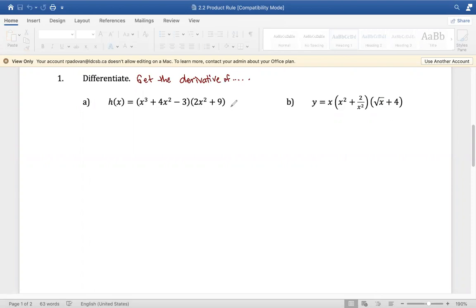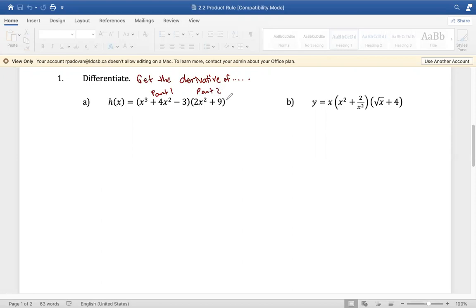But I need my two parts. Remember, if I don't have two parts, I can't do the question. So I have h of x equaling x cubed plus 4x squared minus 3. So there's part 1. Again, it doesn't have to be a binomial, it can be a trinomial, multiplied by 2x squared plus 9. There's my part 2. So I have my 2 parts.